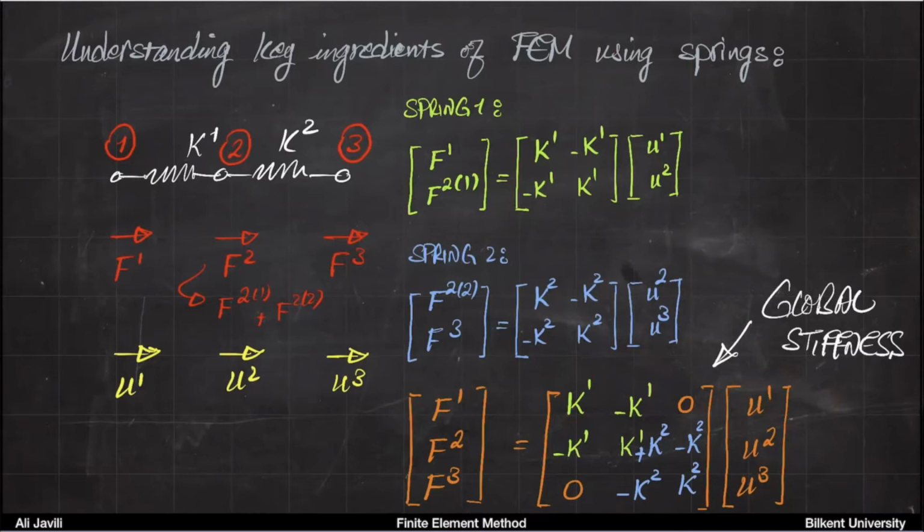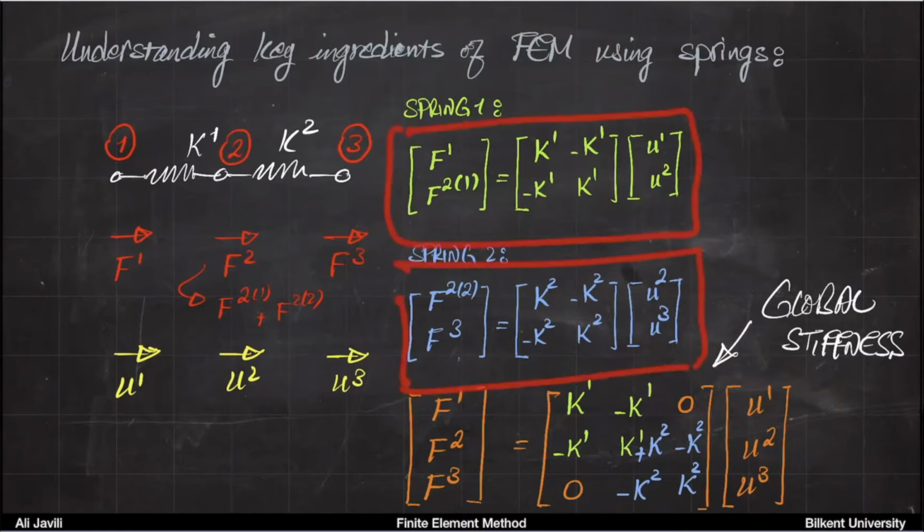Later, we learn how to make this automatic and how to program it so that the code understands how to assemble the system. But for now, it is important that you understand what we are doing. So basically, what we want to do is to put the green and blue system together, and putting them together gives you this.